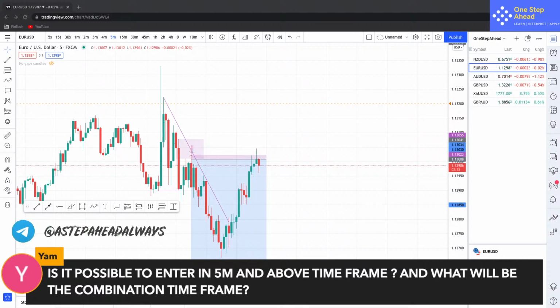For 5 minute and above, I don't know which trade you're talking about. A scalp trade will be 5 minute and less, so you would be looking at structures on the 5 minute or less. For intraday it will be 4 hour or less, like 1 hour or 2 hour. And for the swing, you can look at the daily and 4 hour and above.